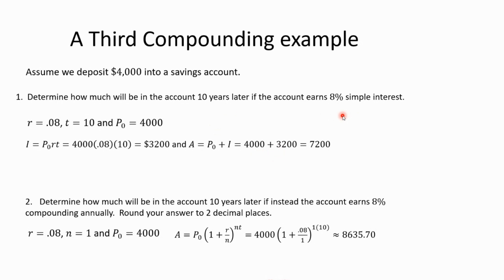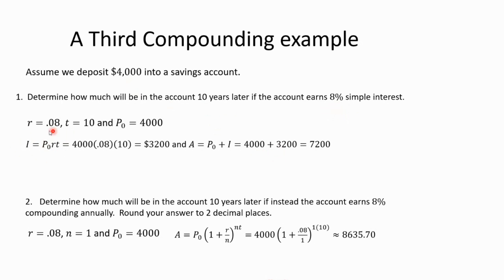So this is simple interest, right? So we have to use the formulas for simple interest. Our R is 0.08, our T is 10, P sub 0, that's the initial amount, $4,000. This is the formula we're using.